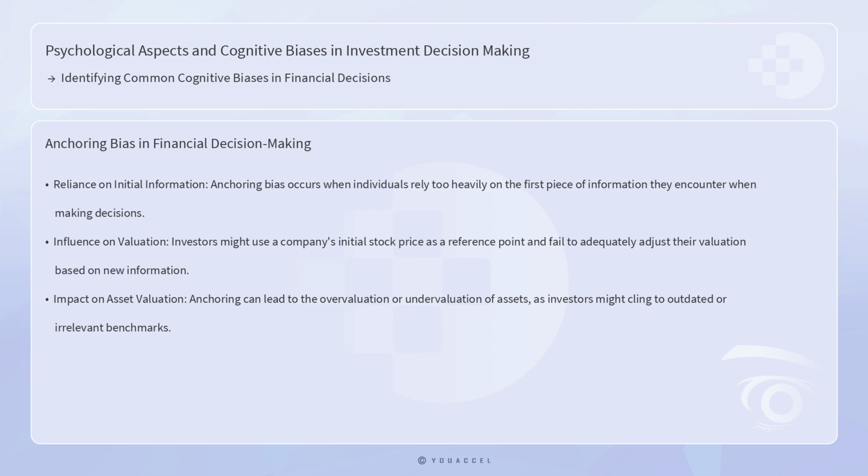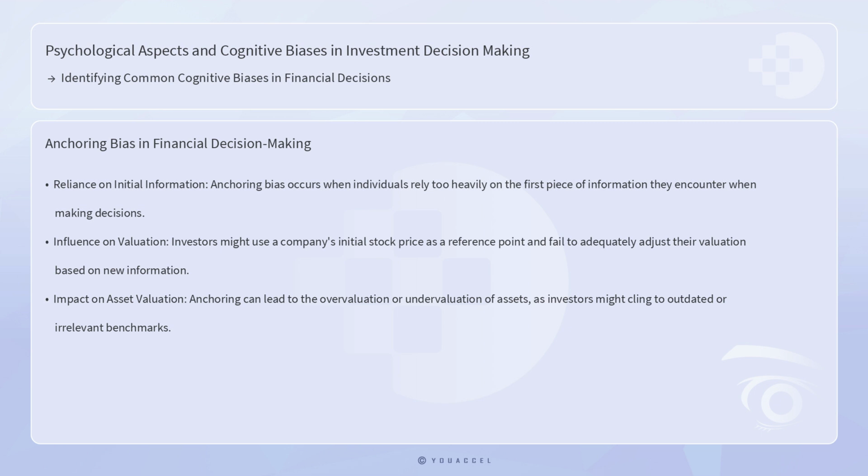Anchoring bias is one of the most prevalent cognitive biases in the realm of financial decision-making. It occurs when individuals rely too heavily on the first piece of information they encounter when making decisions. For instance, when investors hear a company's initial stock price, they might use this as a reference point and fail to adequately adjust their valuation based on new information.